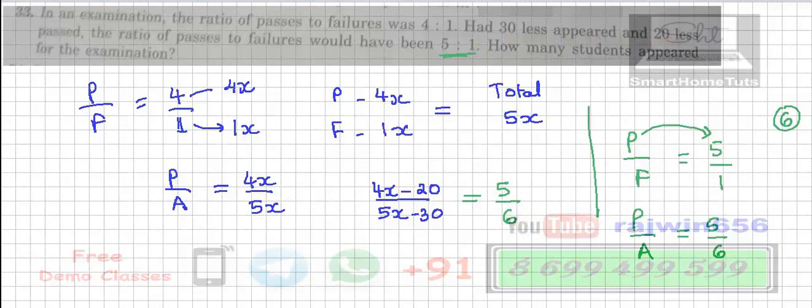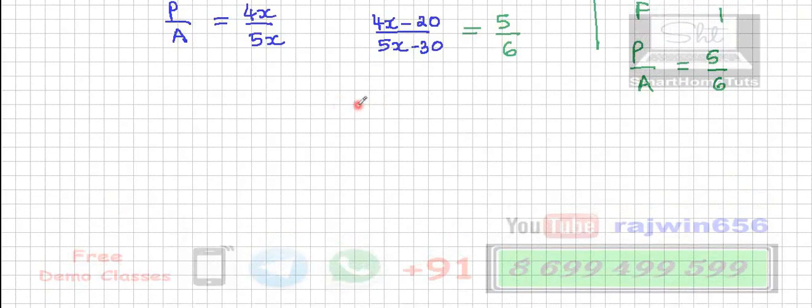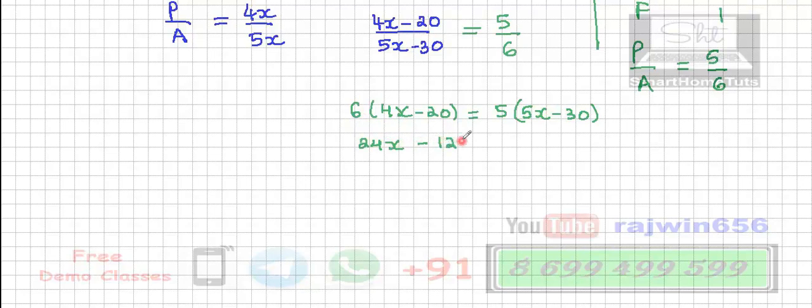Now I am simply going to solve this equation and get the value of x. Okay, so I'll just multiply this. 6 will come here in the numerator, 4x minus 20. This is equal to 5 bracket 5x minus 30. I'm simply going to open this bracket. So this is going to become 24x minus 120 is equal to 25x minus 150.